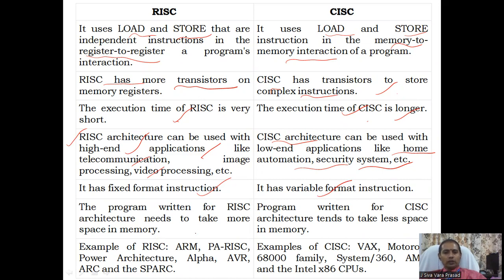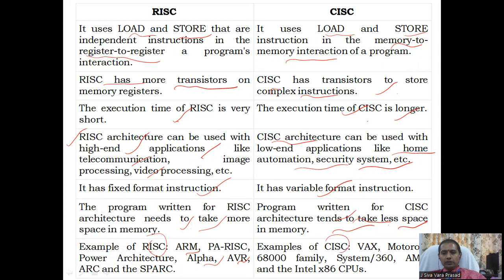RISC programs take more memory space because we write many instructions, each simple, but overall it occupies more space, whereas CISC occupies less space. Examples of RISC include ARM, AVR, Alpha, SPARC, and ARC.